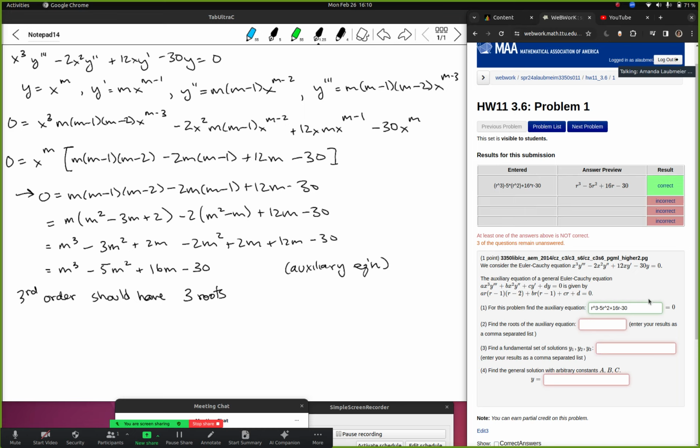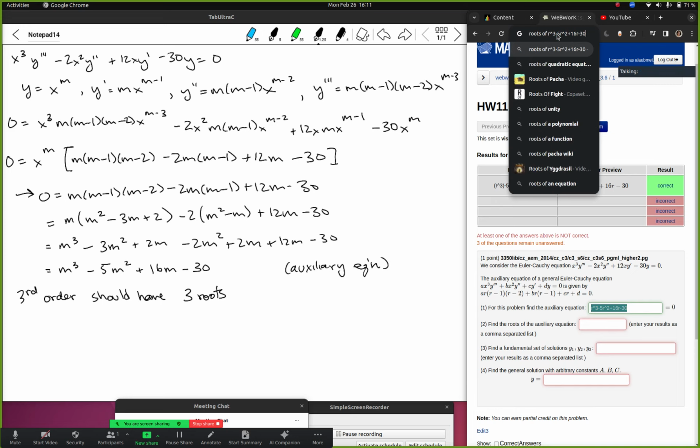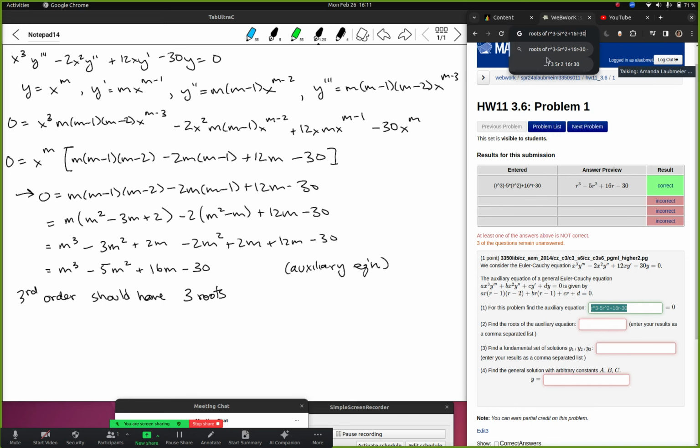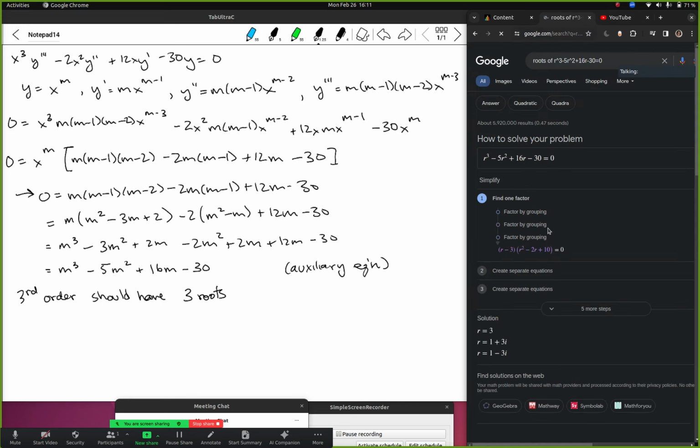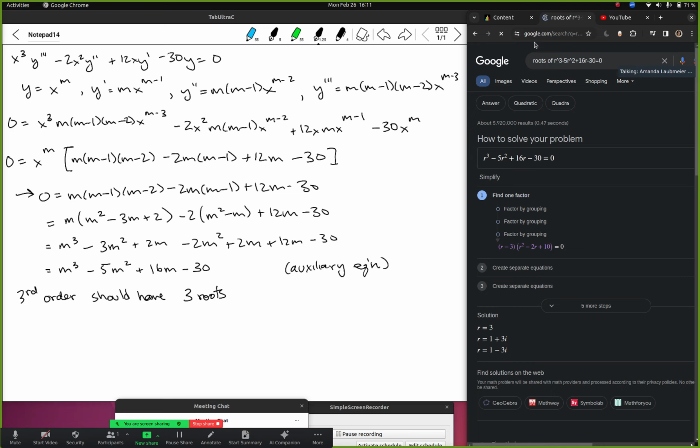When I look at this one, I'm pretty sure this one had 3 as one of the roots. Let's just go ahead and do it to be sure. Roots of that. Yep, 3 is one of the roots.